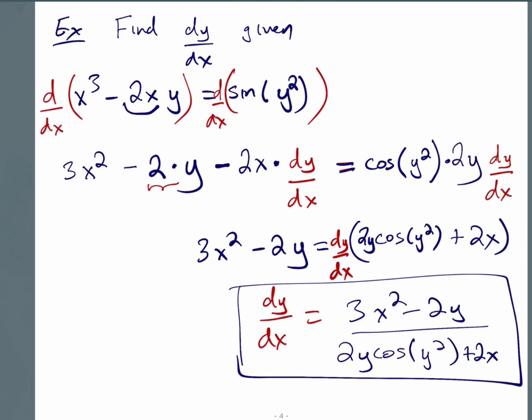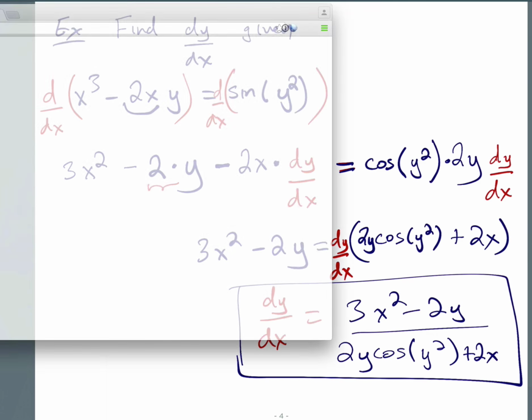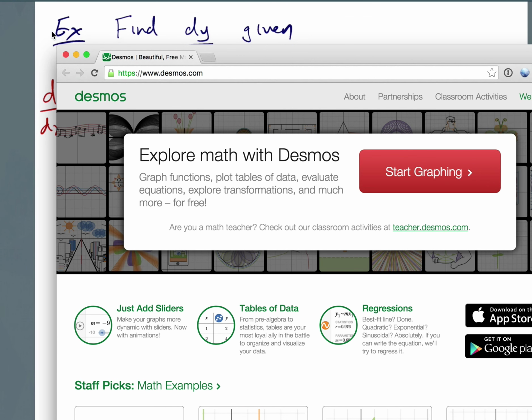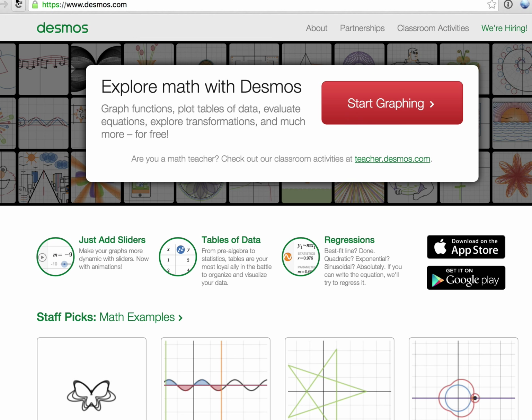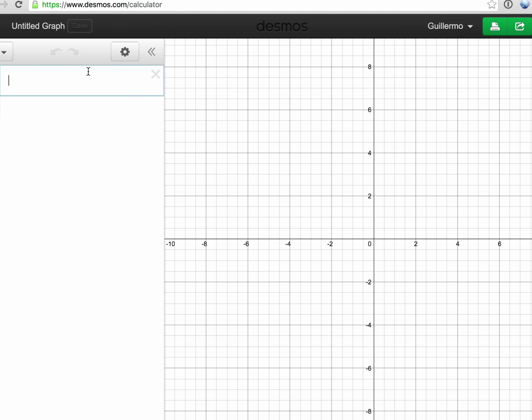Okay, do you guys have any idea what this looks like if we were to graph it? How can we graph it? Desmos. Magical Desmos. I think Desmos can do it. Your graphing calculator can do it with a little finagling.